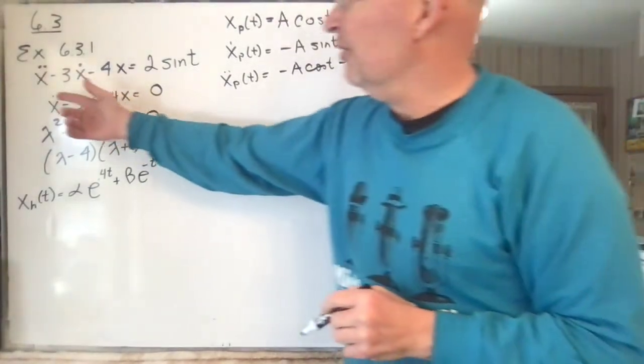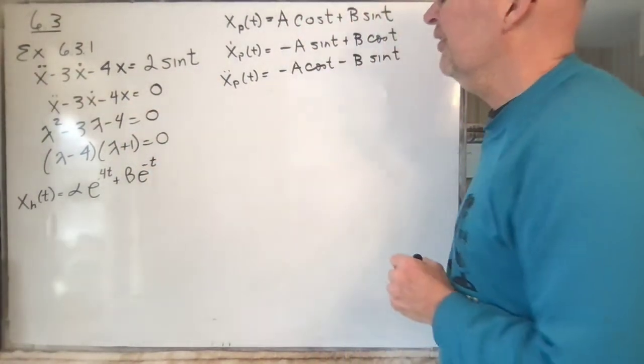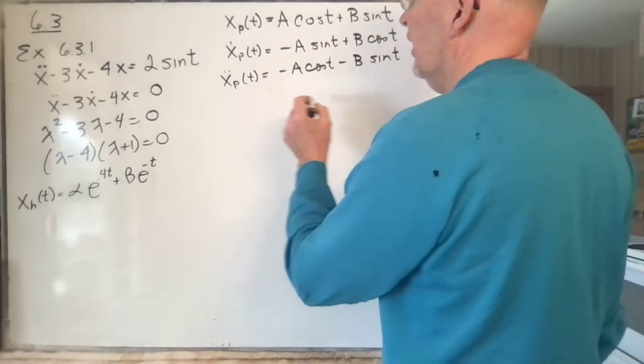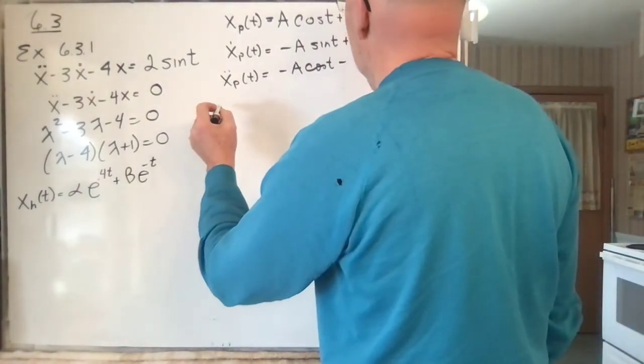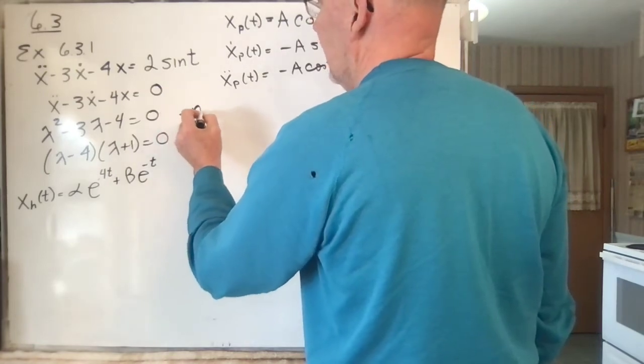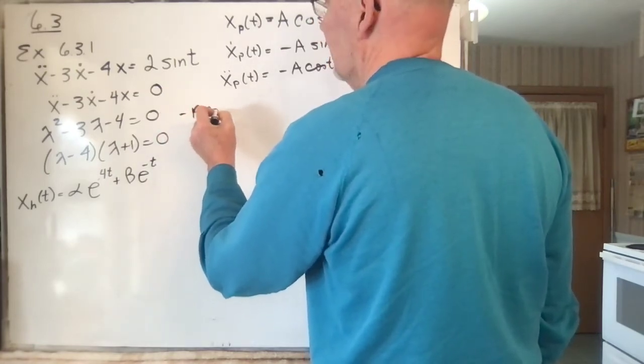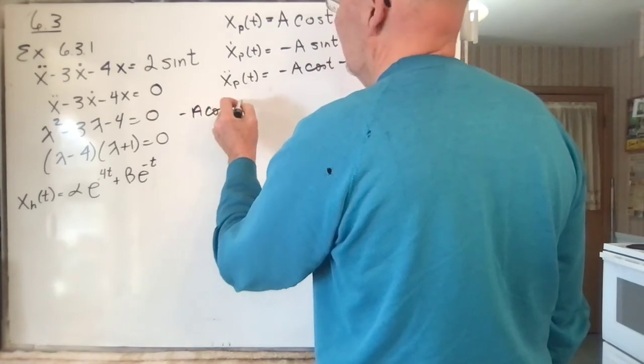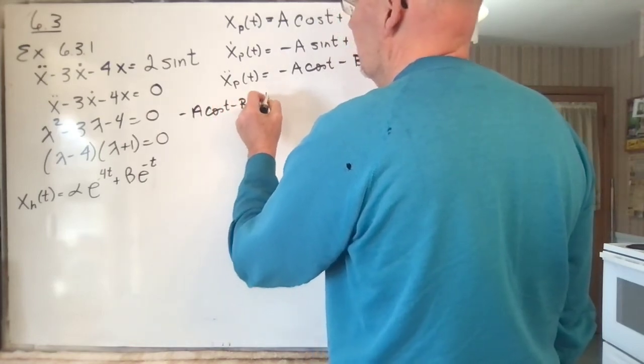And so now we just plug it into this equation, and notice what we're going to get. I guess I have room enough to do it here. So here's the second derivative. It's going to be negative a cosine of t minus b sine of t.